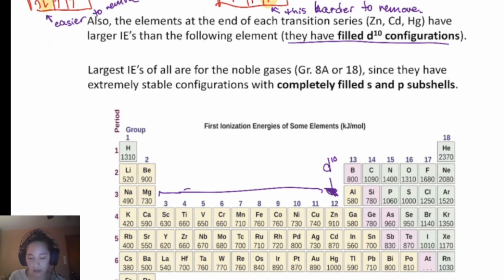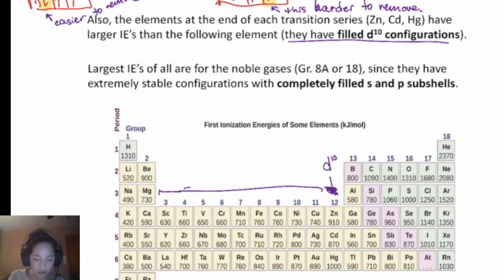So removing an electron from a zinc atom is much more difficult than removing an electron from a scandium atom, because you can think of it this way. For scandium, there's just one electron in the d shell, versus for zinc, where everything will be filled.